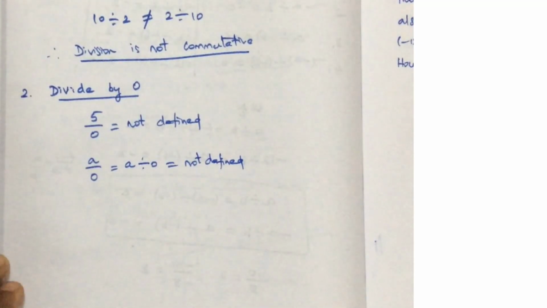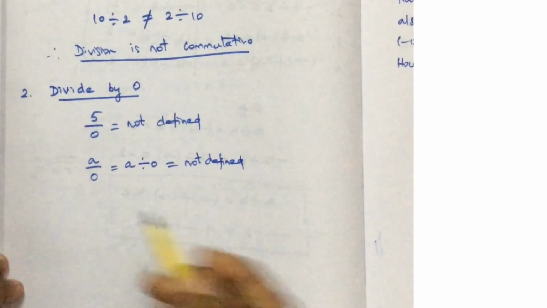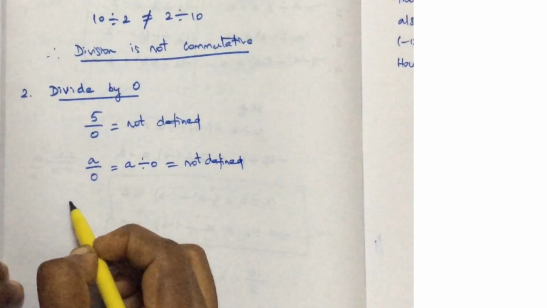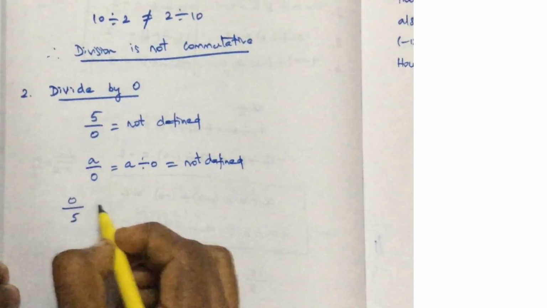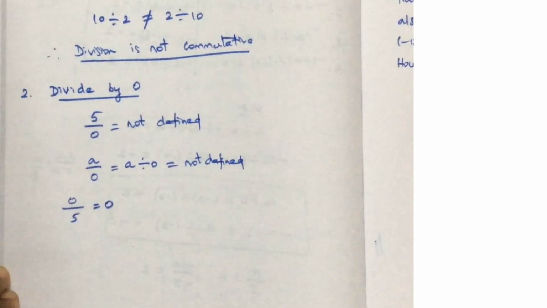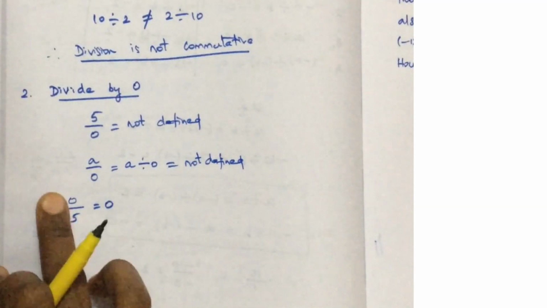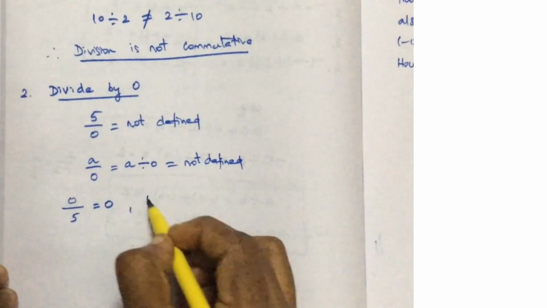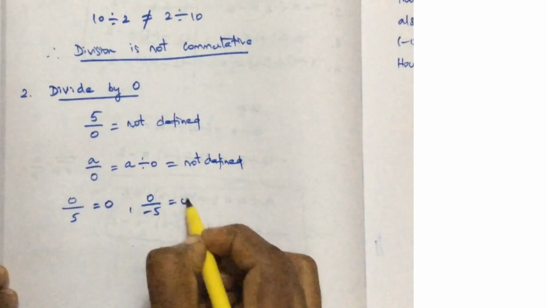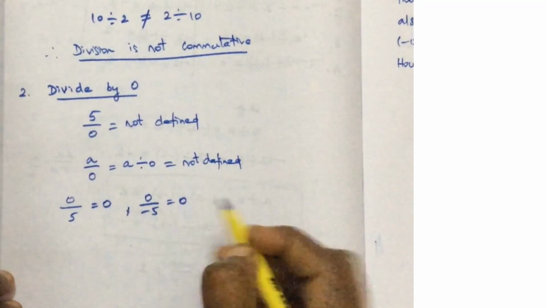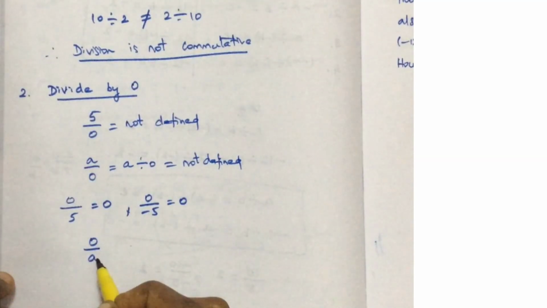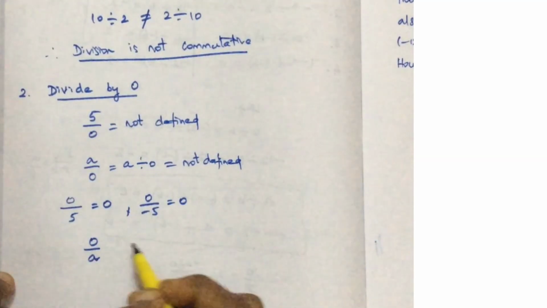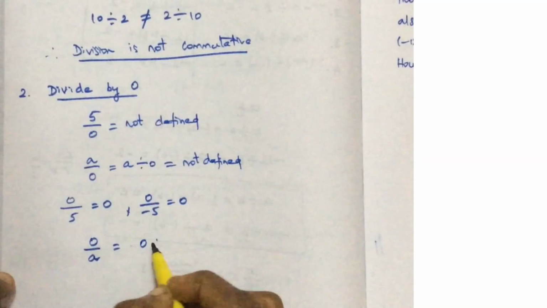But 0 is a number, and another case is, what is 0 divided by 5? 0 divided by 5 is 0. 0 is an integer. 0 divided by minus 5 is also 0. So I can say 0 divided by a is equal to 0.